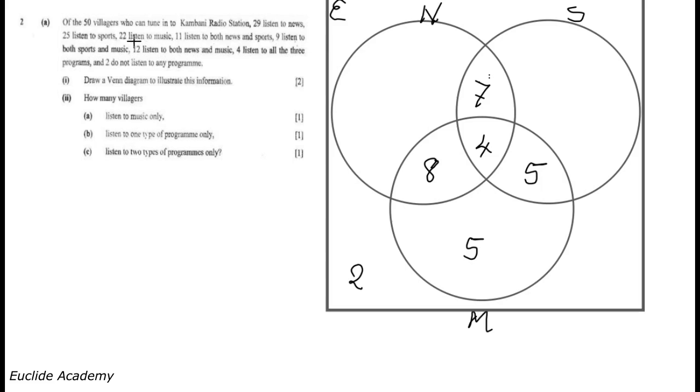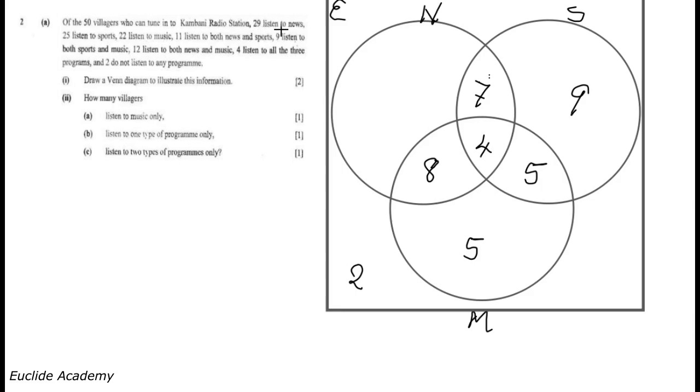We do the same for each value. We have 22 listen to music, we already did that. 25 listen to sports, so you're going to say 7 plus 4 is 11, plus 5 is 16. We subtract 16 from 25, and we get 9.